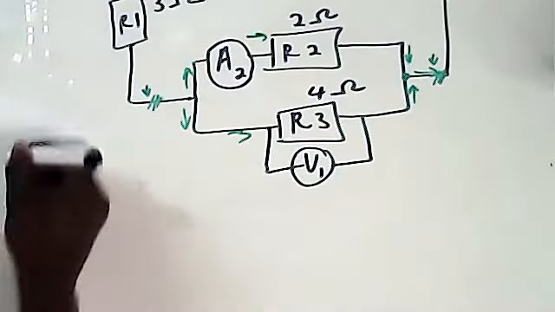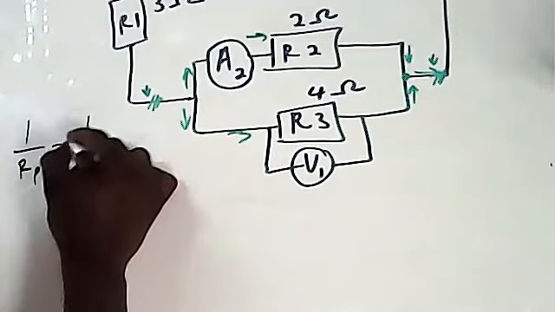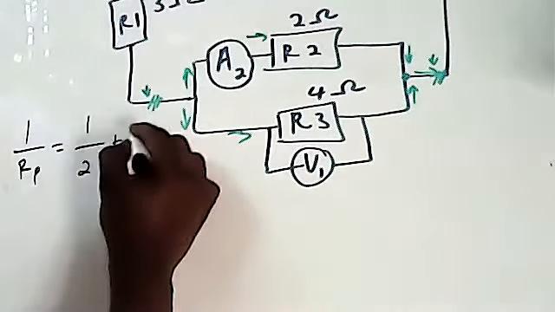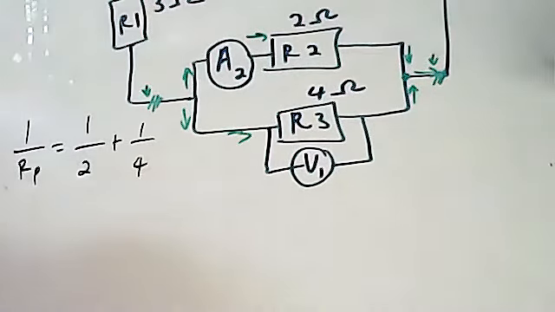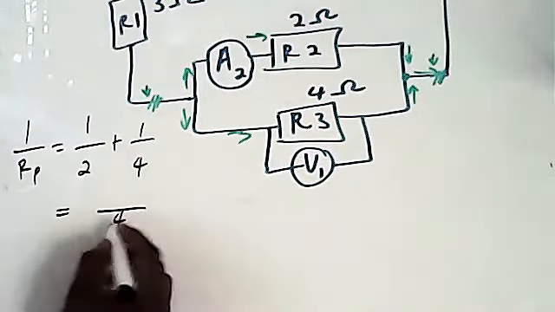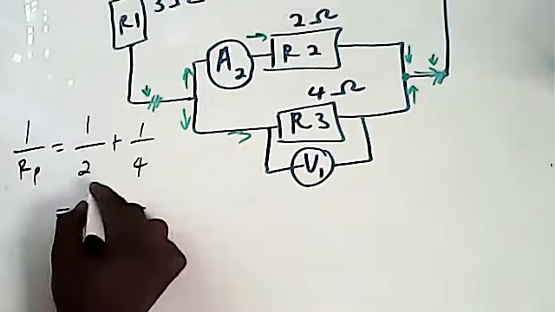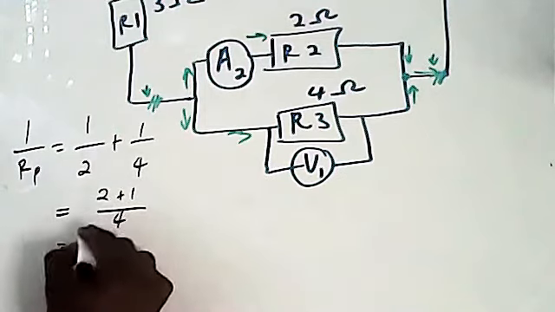We have 1 over resistors in parallel. It's equal to 1 over 2 ohms plus 1 over 4 ohms, right? So already we know that lowest common denominator is going to be 4. This here goes twice, multiplied by 2 there. This goes once, and you're going to have 3 over 4.